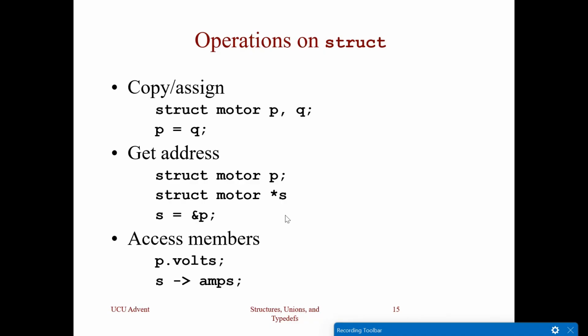We have the copy or assign operation, where if you have the structure, as we said, motor P that has members P and Q, then you can assign the value of P to Q. You get the address of the structure motor P, and then you assign it to the pointer S. Then we can assign the pointer S to the value of pointer P. You can also access the members using p.volts or through the pointer as S pointing to amps.